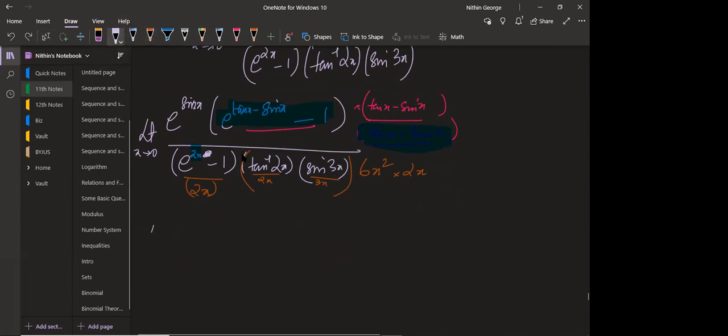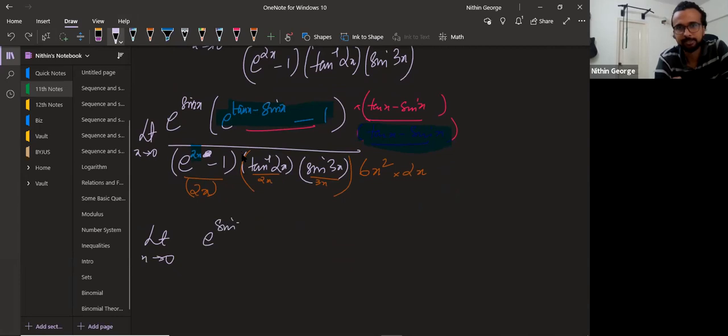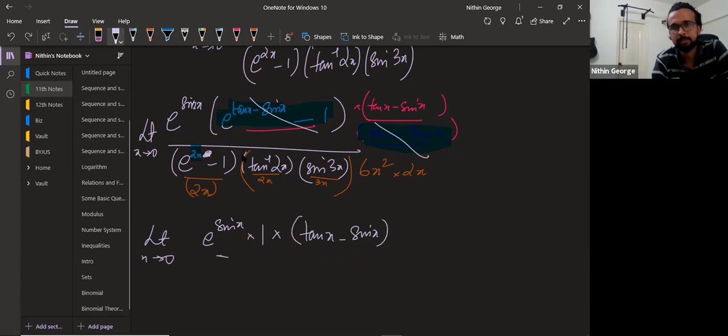Yes, sir. Okay, so when you put limit x tends to 0, you have e power sin x into 1, which is this part, into tan x minus sin x divided by this part becomes 1.